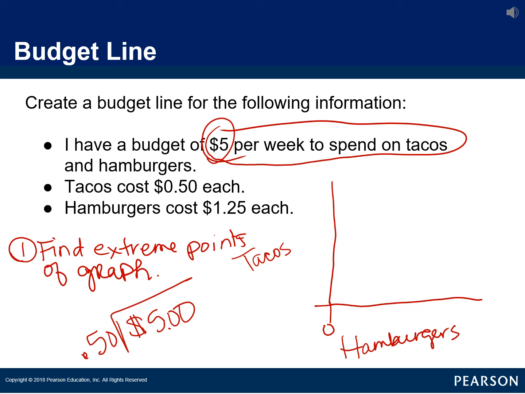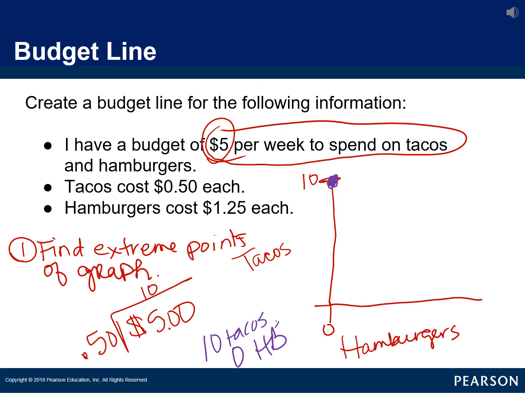Once you do that, you're going to realize you could buy 10 tacos. You might be able to do that in your head. So if I spent all my money on tacos, I would be able to buy 10 of them. So that is my taco extreme point: 10 tacos, 0 hamburgers.